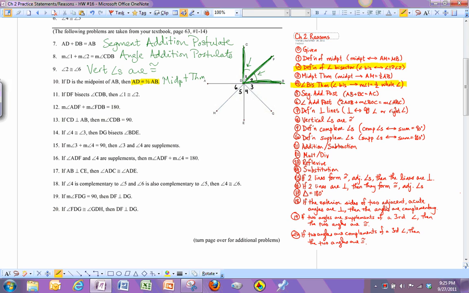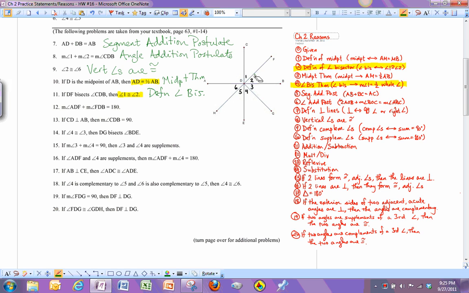Now, 2 says if you have a bisector, then you get two angles that are the same, or if you have two angles the same, you get a bisector. But 4 says if you have a bisector, then one angle's half of the whole thing. That's not what we're looking at. We're looking at one angle's the same as another angle. So this reason here is going to be angle bisector definition. Sorry, I'll write it this way. Definition of angle bisector.